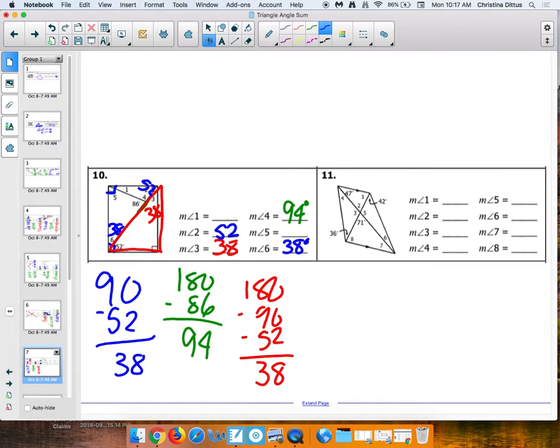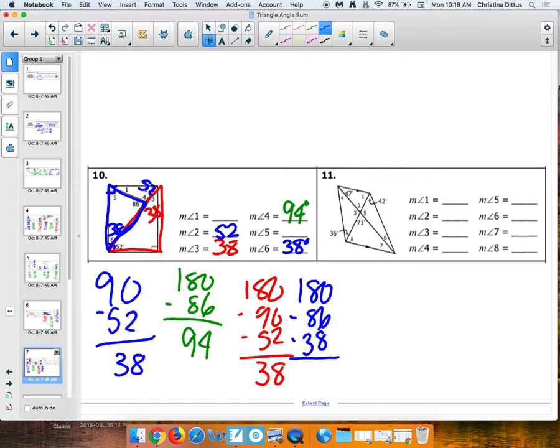How'd you get it? 38 plus 86 minus 90. You're close. You've got this triangle here, right? Triangles are 180. When you add those two, 86 and 38, subtract from 180. And angle 1 is 56.